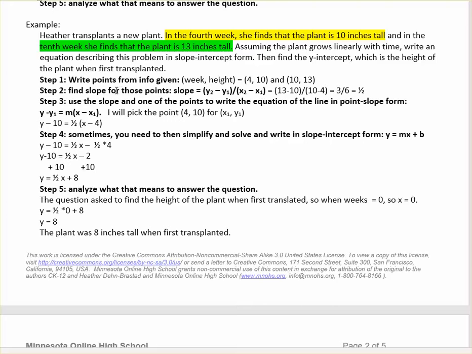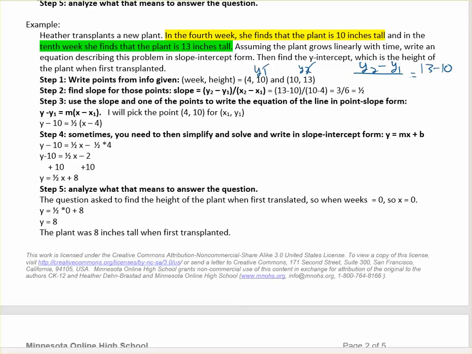Alright, so then we'll do the rest of the problem. First we need to find the slope. So the slope is the difference in the y values. The y value of the first point is 10, so I'll call that y sub 1, and the y value of this one is 13. So you take y sub 2 minus y sub 1, so the top part will be 13 minus 10.